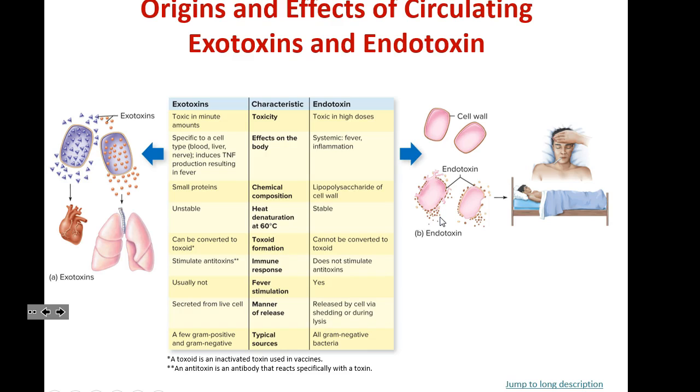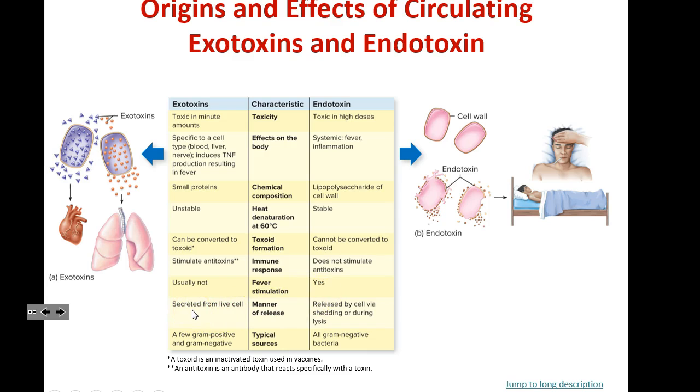Exotoxins can be converted to toxoid, which is a characteristic of them, and endotoxins cannot be converted to toxoid. Fever. Do they give fever? Usually, exotoxins do not yield fever, but endotoxins do.